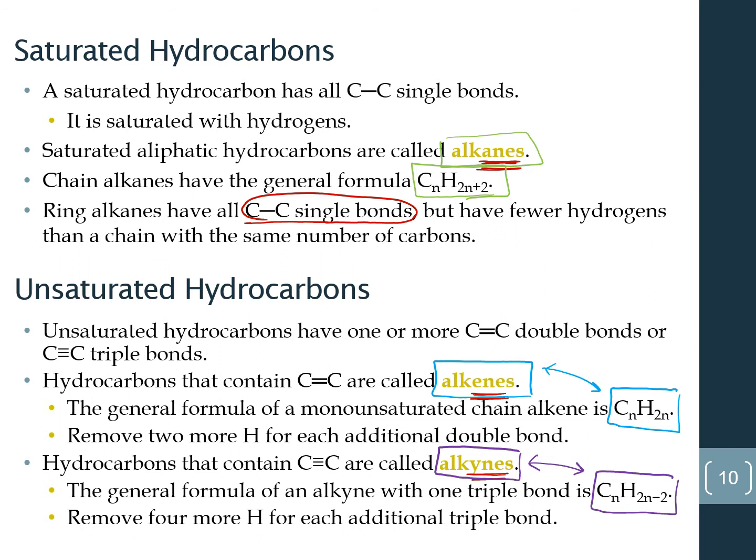So if you have 5 carbons for an alkyne containing at least one triple bond, let's assume that is just one triple bond, you have C5. So now the number of hydrogens is going to be given by 2 times 5, which is 10, minus 2. So when you have an alkyne with 5 carbons, the number of hydrogens that you will get is equal to 8.